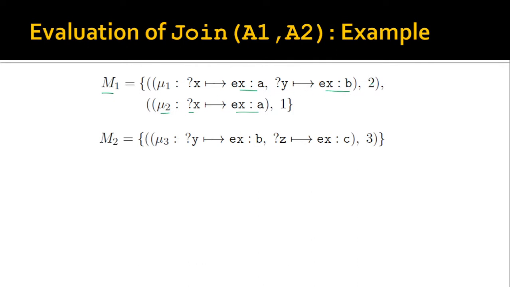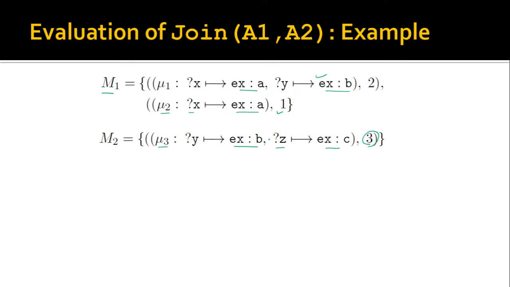The multiplicity of the first solution mu1 is 2 and the multiplicity of the second solution, that is mu2, is 1. Now we have got another solution set where you have only one solution, which is mu3, with instantiation of y with B and instantiation of z with C, and it has got the multiplicity of 3, right?